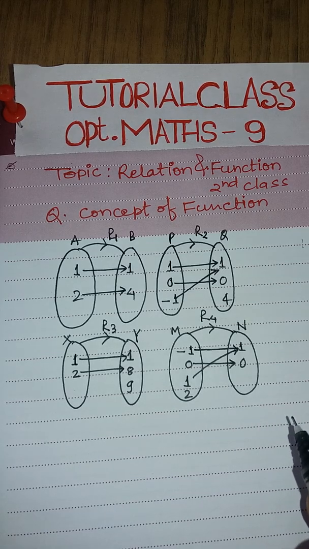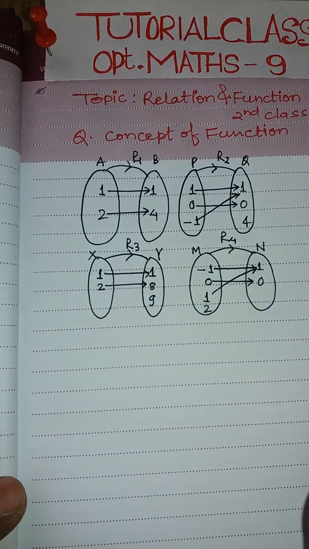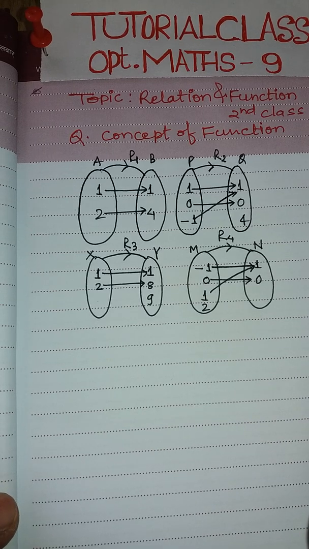Here I have represented 4 relations, R1, R2, R3 and R4.